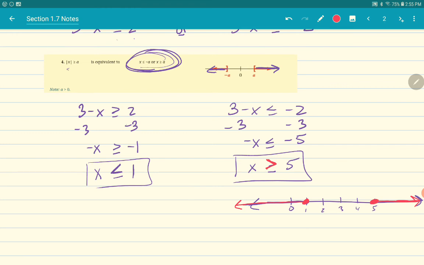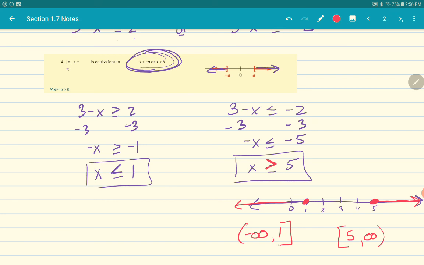How does that convert to intervals? It goes from negative infinity all the way up to 1. It can include 1. There's a closed dot, so I do a closed bracket. And it can also go from 5, including the 5, so I do a closed bracket, all the way to infinity. Infinity you can never include, so I do an open bracket for infinity.